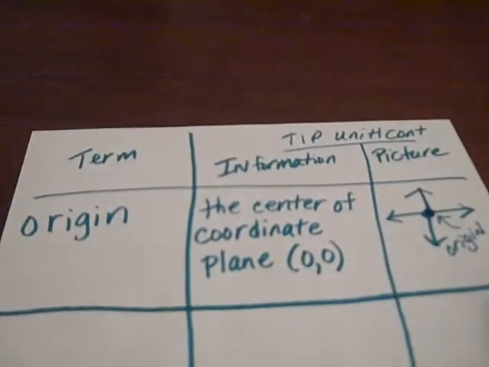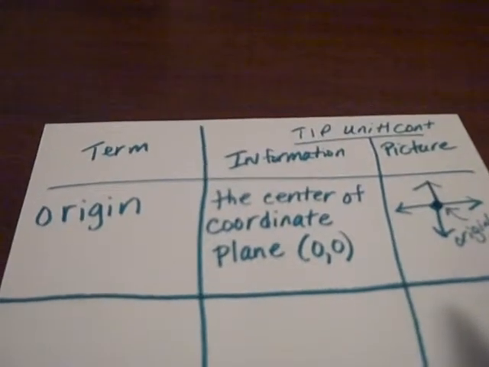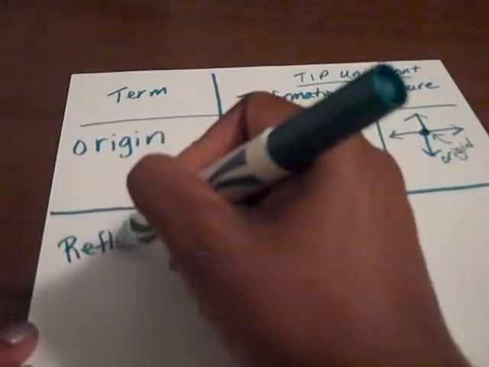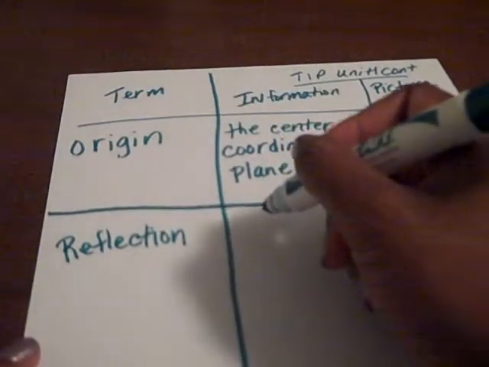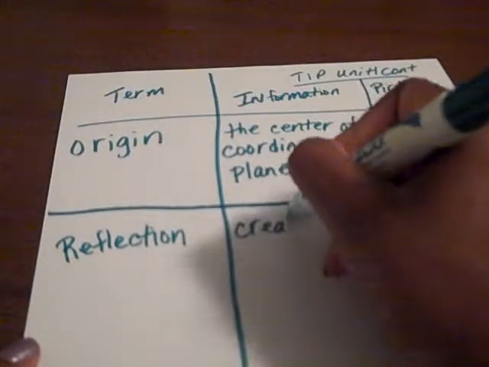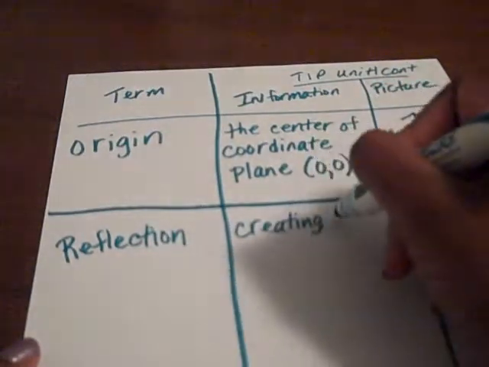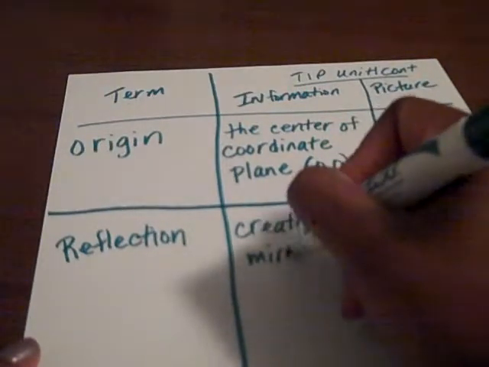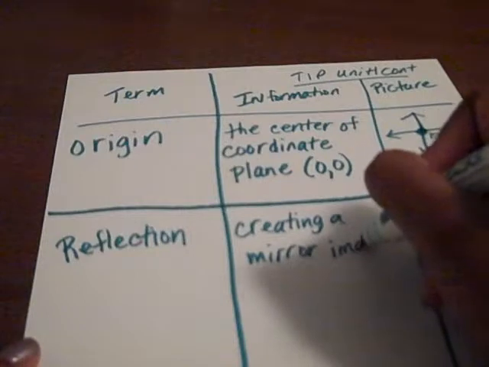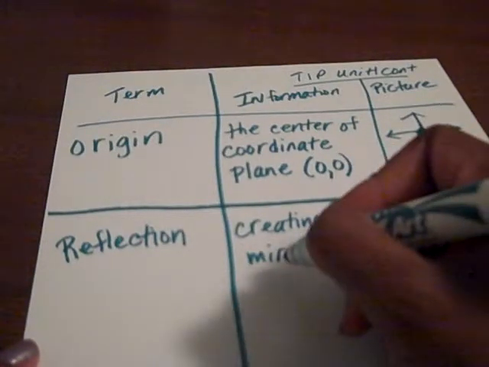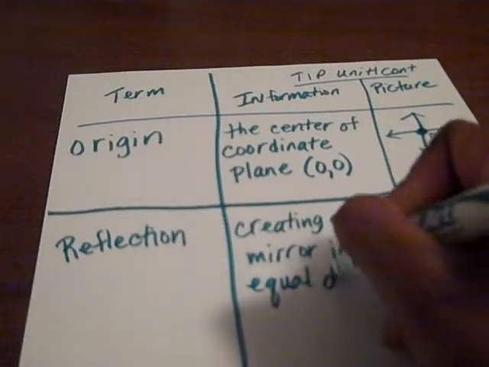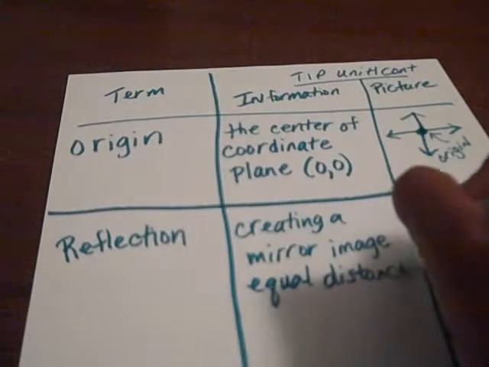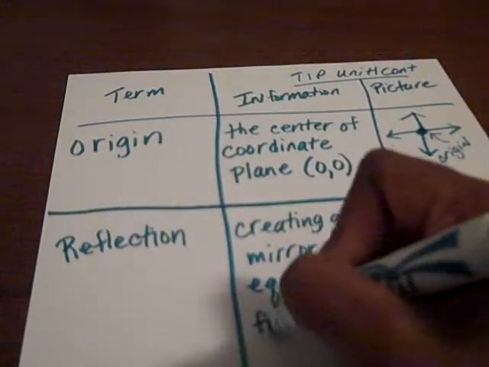Drawing a line for my next term. My next term is going to be reflection. A reflection is creating a mirror image that is equal distance from the line of symmetry.